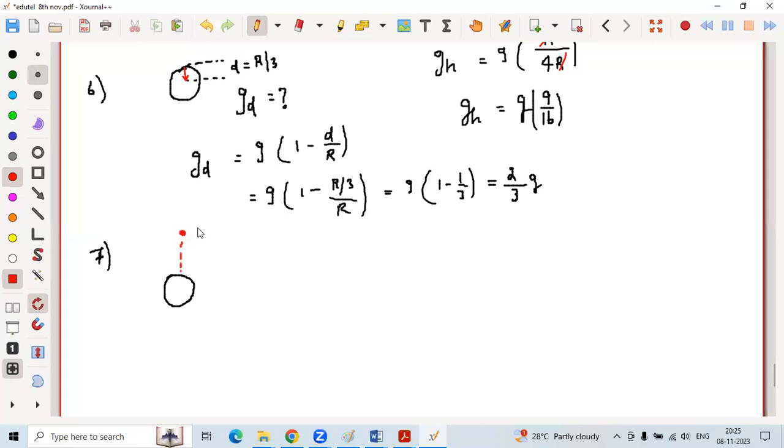At this location, let us say G value is x. அப்படியே கீழே போயிட்டு இருக்கேன். இங்க G value x. அப்ப அந்த location வேணும். Find the height where G is same at both height and depth.